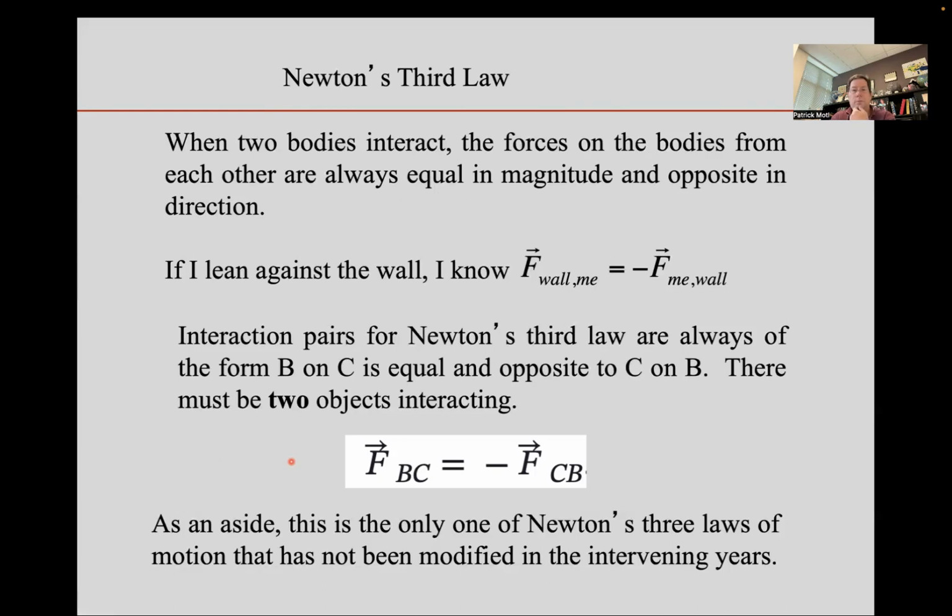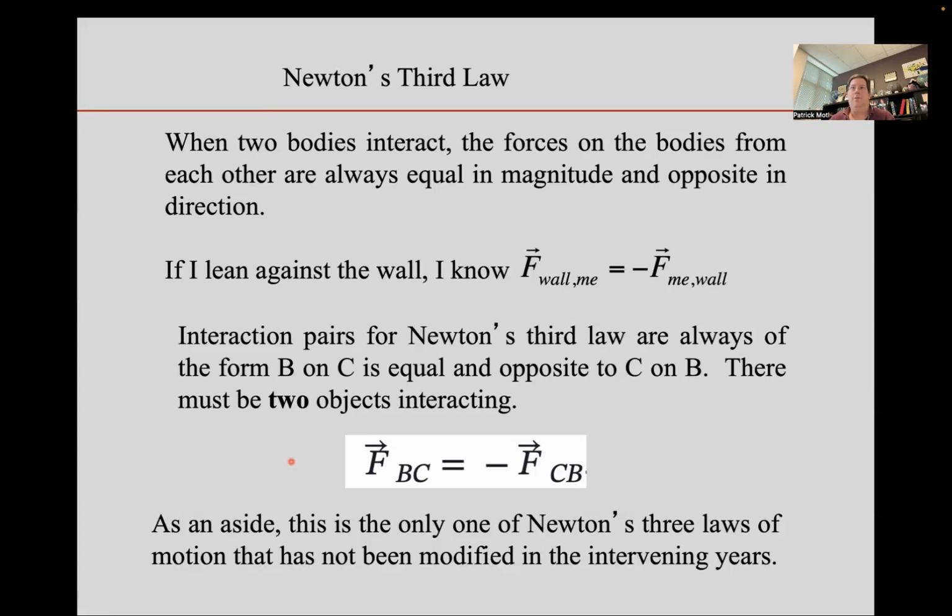Newton's second law of motion, as we have learned it so far, that the sum of all the forces equals mass times acceleration, is actually only the case if the mass is constant. If the mass is changing, then we have the more fundamental statement, which we'll get to later in the class, that the sum of the forces causes a time rate of change in momentum.